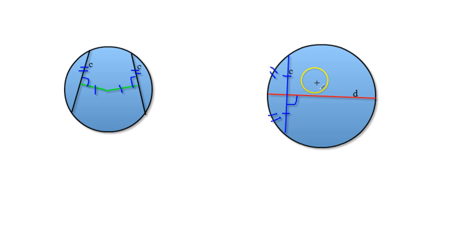Actually, if this is perpendicularly bisected by this line, then I can say that this red line is a diameter, and it should have the center somewhere on there. It's probably going to be the halfway point, just like what we talked about.